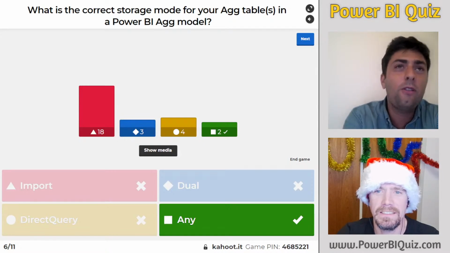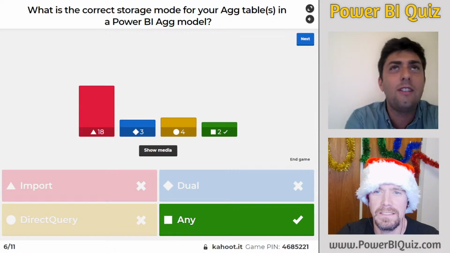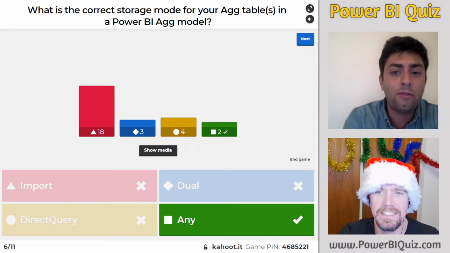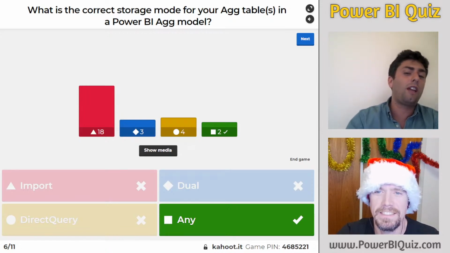Technically, even though it's not really, I would say, smart or practical, your aggregated tables do not necessarily need to be in import mode. They can be in direct query mode, right? So that was a hard one.